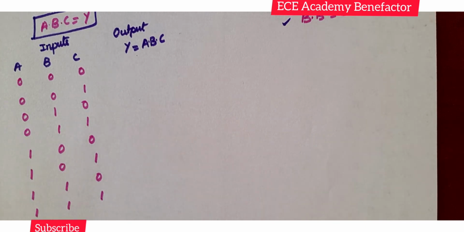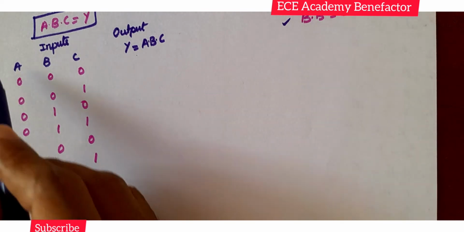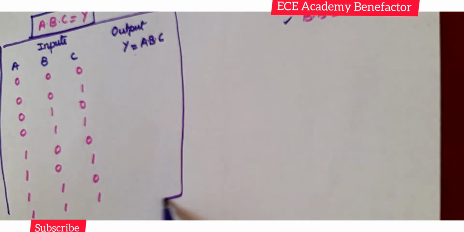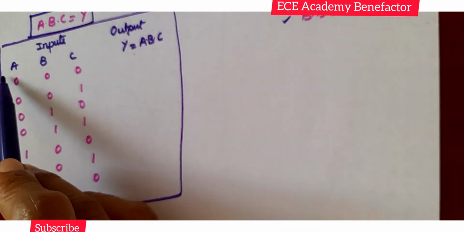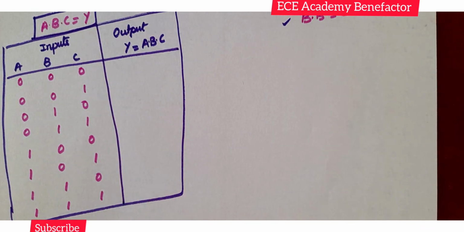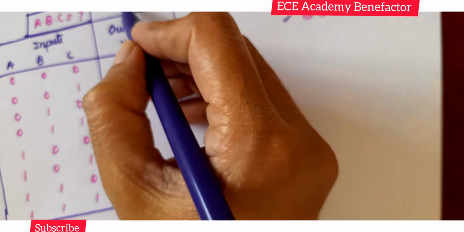For 3 input variables, these are the possible input combinations in a truth table. Okay. This is the truth table.